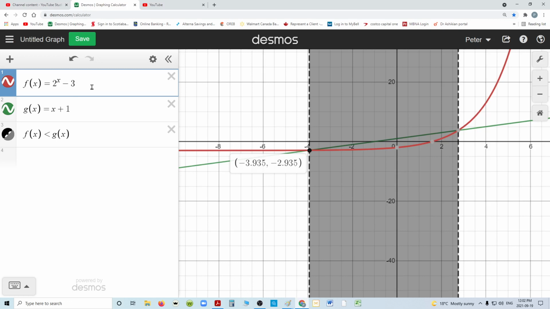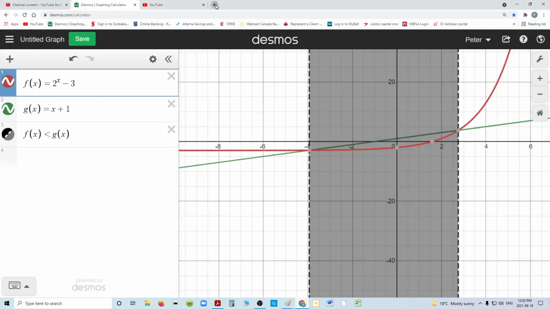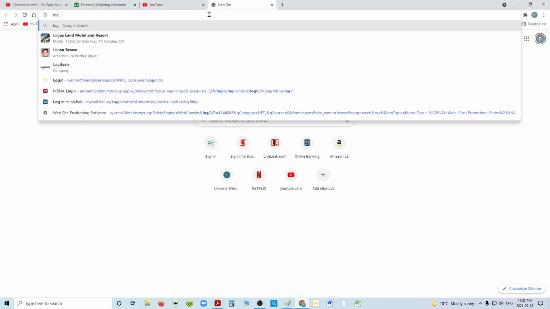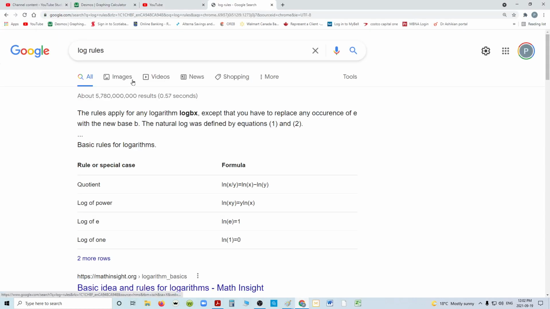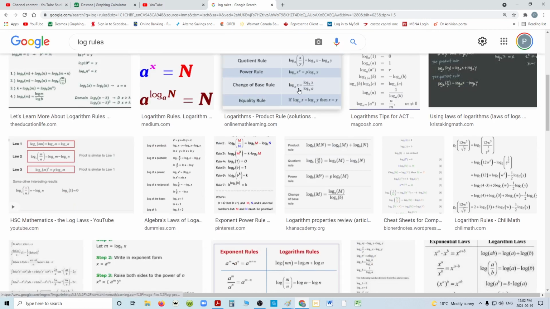And I'm going to brush up on my logarithms for that, because there's a way to find out, not easy, but a log equation, until you learn your logs quite well. You'd have to look up, for instance, log rules. And the key one is going to be, where's it good? There we go, right there.